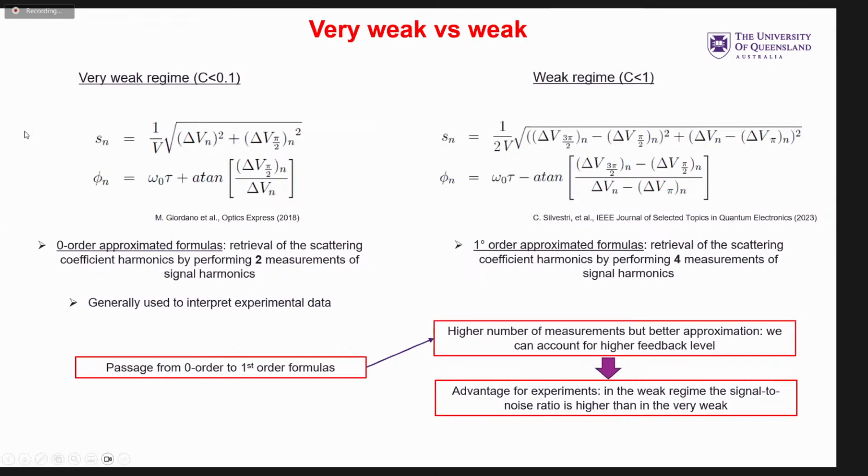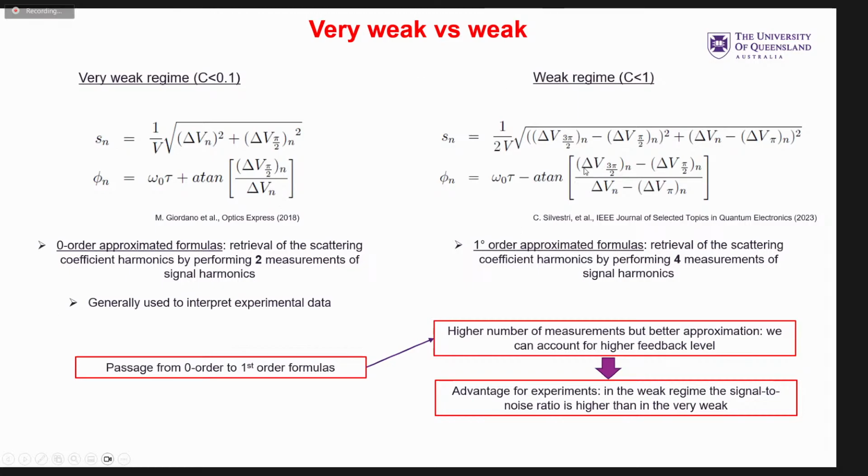Then we can compare the very weak regime formulas with the weak regime formulas. In the very weak regime, we have zero-order approximated formulas, as I previously mentioned, which are based on 2 experimental measures. So by measuring 2 signals, it is possible to retrieve each harmonic of the scattering coefficient. These are generally used to interpret experimental data.